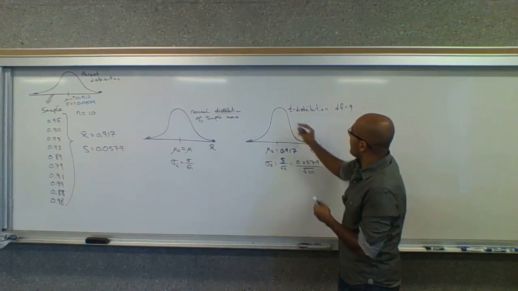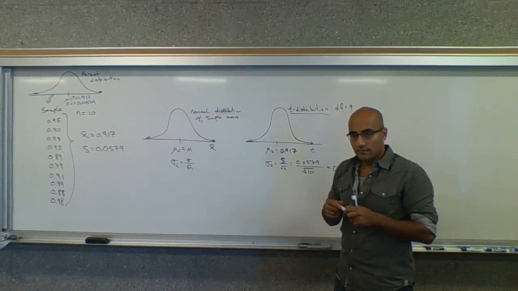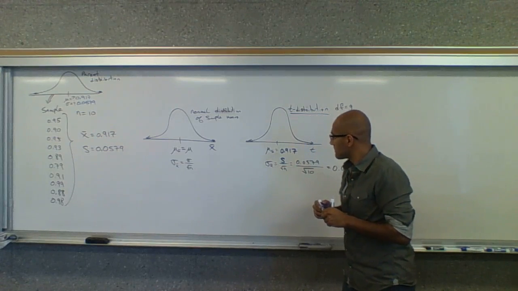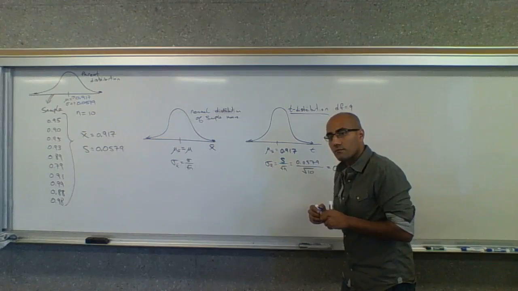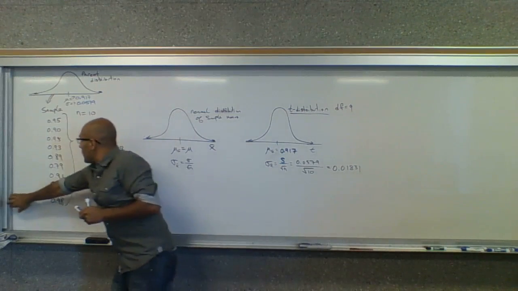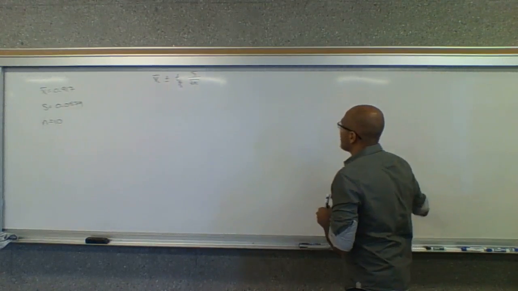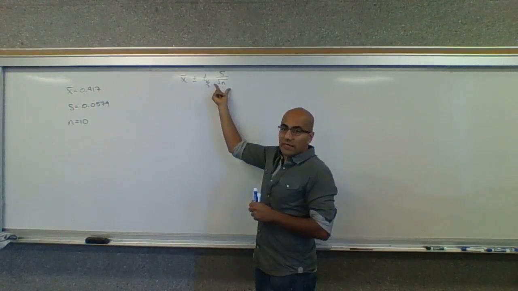Okay, but because we're working with the t-distribution, shouldn't sigma be different? Are you asking for sigma on the other thing, the new sigma? Okay, so back to this. The formula is this, where this is the standard deviation of the t-distribution. It was s over the square root of n.